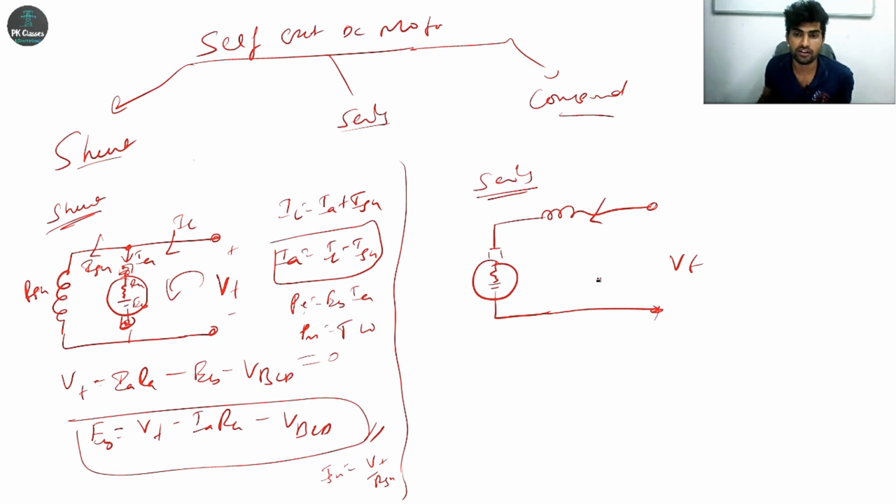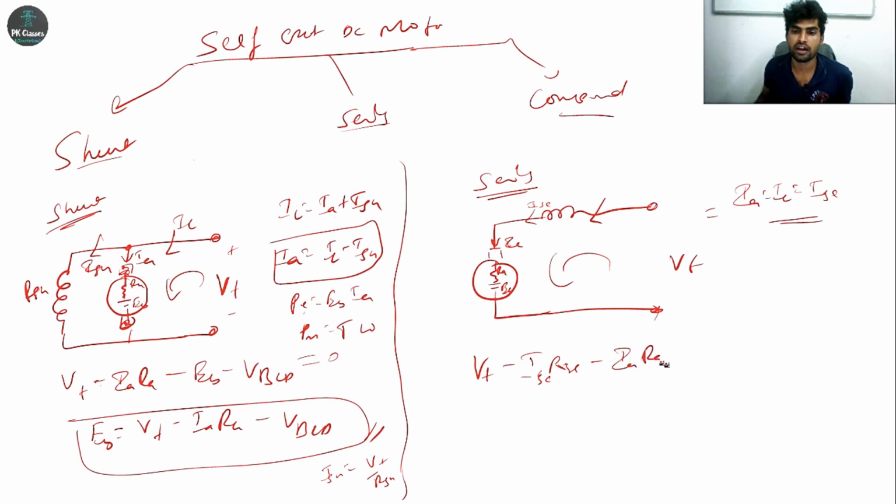For generator, this direction is opposite. So here ISC, here IA, and then this is RA, this is EB. Here the condition is IA is equal to IL is equal to ISC, right? And what about EB? I'll apply the loop equation: VT minus ISC RSC minus IARA minus EB minus VBCD, brush contact drop.